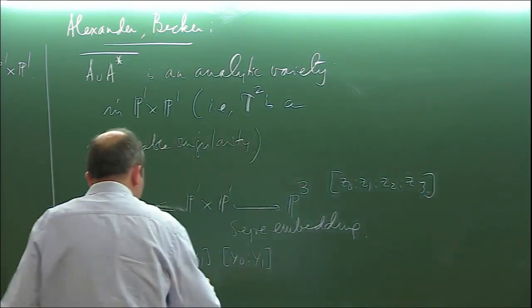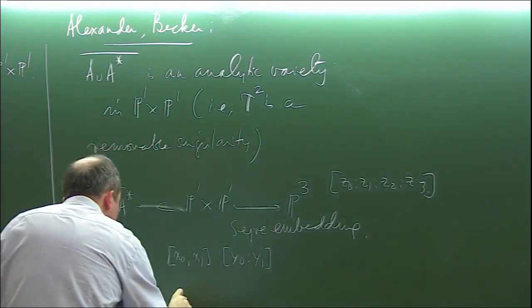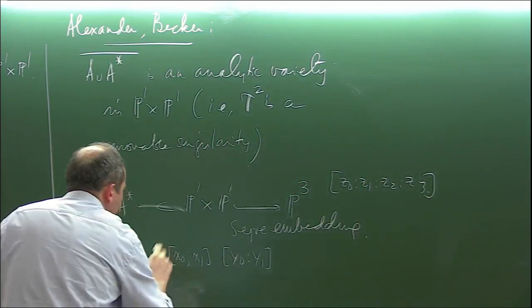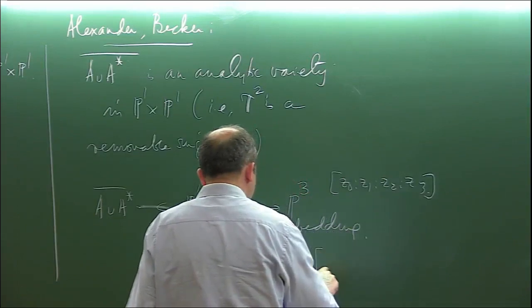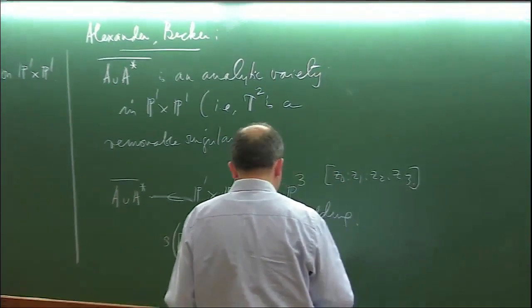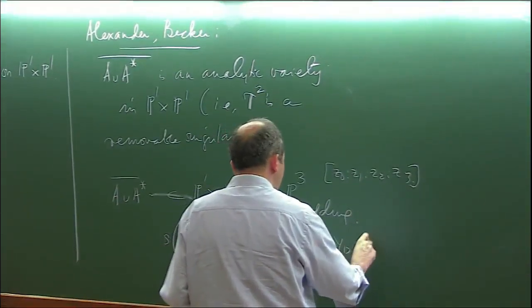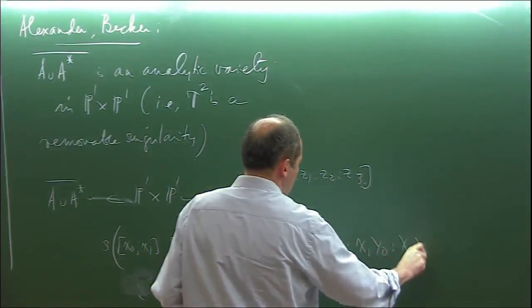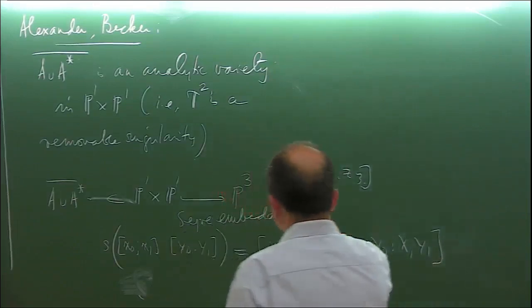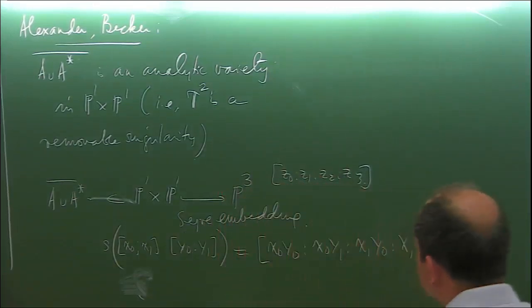Okay, so what is this Segre embedding? What does it do? So S takes this pair of points and it gives you the following homogeneous components: x0 y0, x0 y1, x1 y0, x1 y1. Okay, so pairwise all possible products.